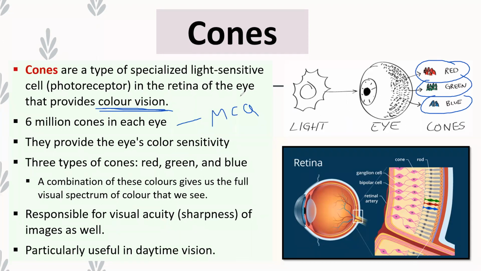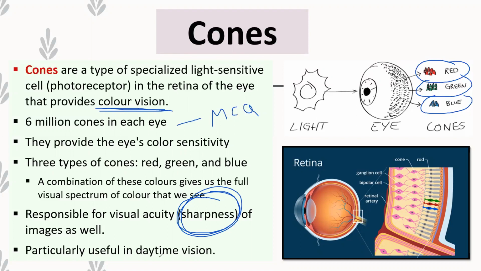Now, cones are not just important for color, but also for visual acuity. Visual acuity is just a fancy way of saying the sharpness of images, so how clear an image is, how not blurry it is, is determined by cones. Cones are most important for daytime vision, because if you ever walked out in the middle of the night, you'll notice that you can't really see colors when your environment is dark or not well lit.